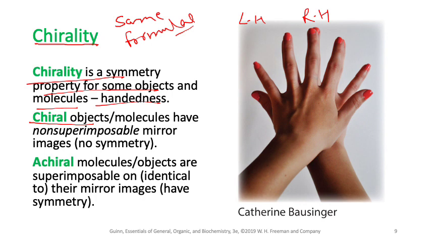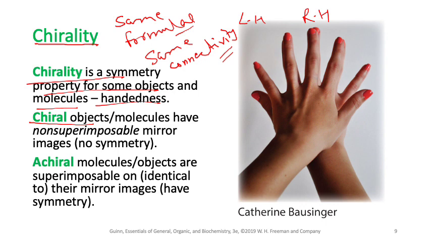Meaning they have the same connectivity, the same sequence, and we can make an analogy with the chemical formula, meaning same connectivity. They are connected in the same order, right? And if you remember the definition of stereoisomers on the previous slide: same formula, same connectivity, but different orientation in three-dimensional space.